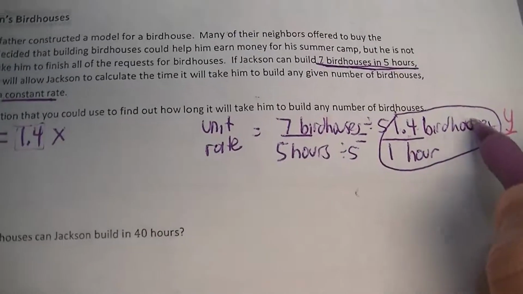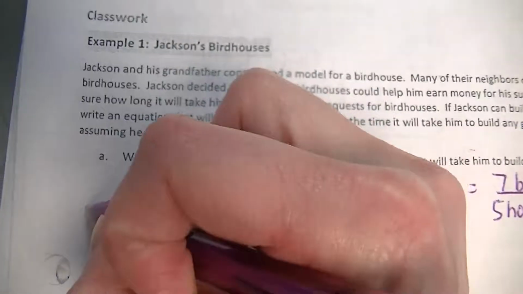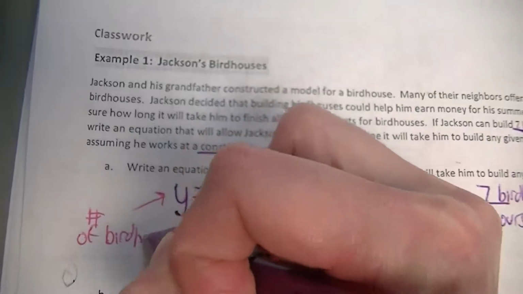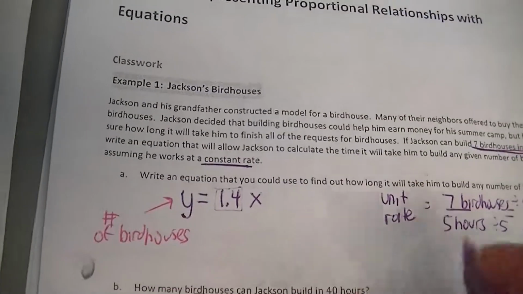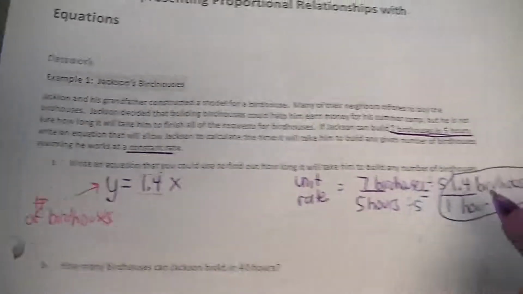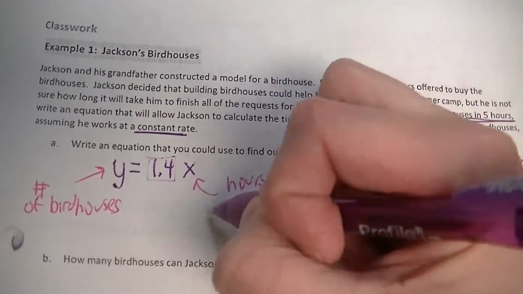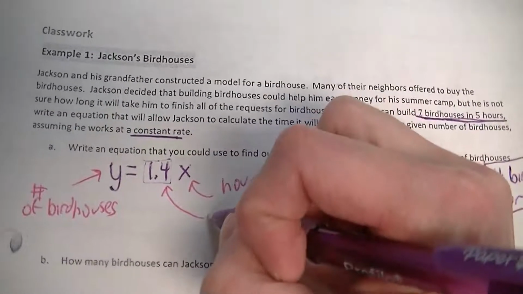So the y value is birdhouses, so right there we're going to label that y as number of birdhouses. That's the number of birdhouses that he can build, but I didn't want to waste too much room right there. And then the x value is hours. And then this 1 4/10 is the unit rate.